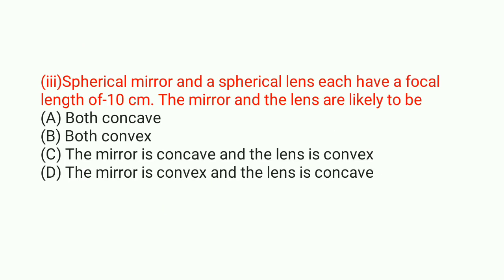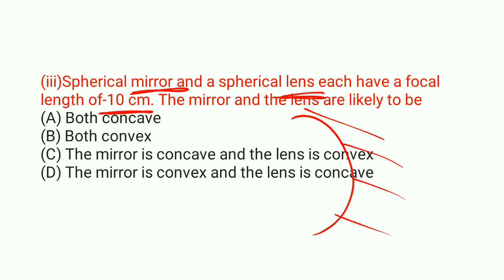Next question. A spherical mirror and a spherical lens each have a focal length of minus 10 centimeters, right? The mirror and the lens are likely to be. We have to find out the mirror and the lens, as the focal length is minus 10. First I will tell you about the concave mirror.